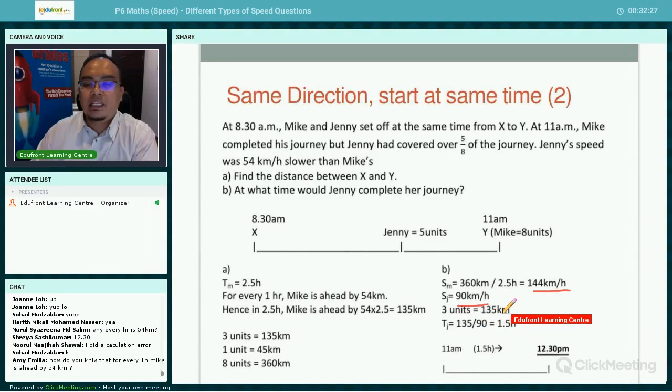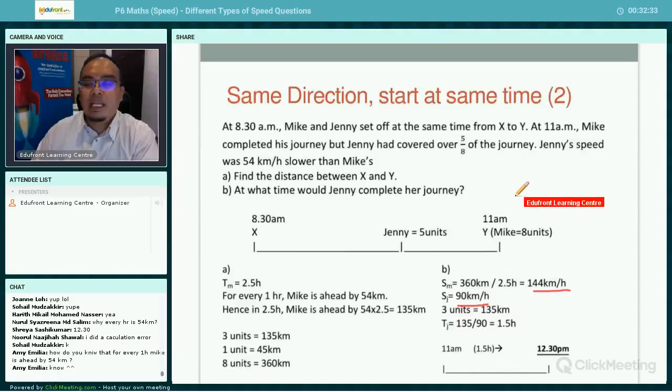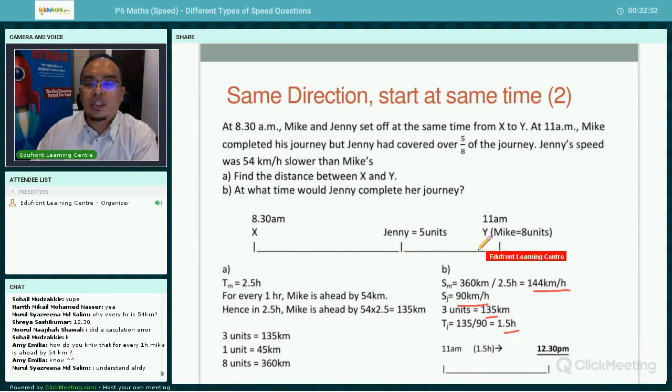Since 3 units is 135 kilometers, the time taken by Jenny, time is distance divided by speed. So distance is 135, from here to here, divided by the speed. So she took 1.5 hours to travel from here to this point, right? Jenny took 1.5 hours to complete her journey.